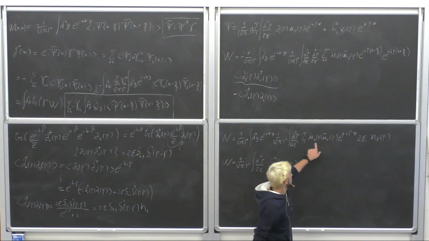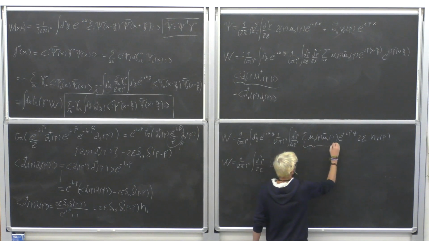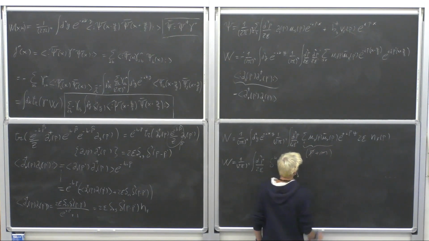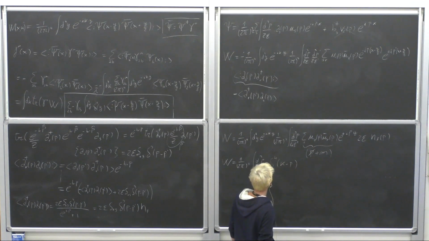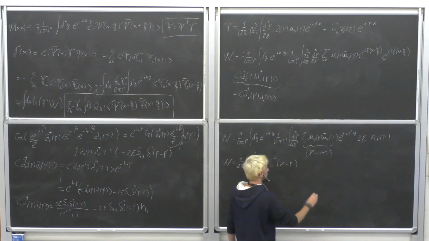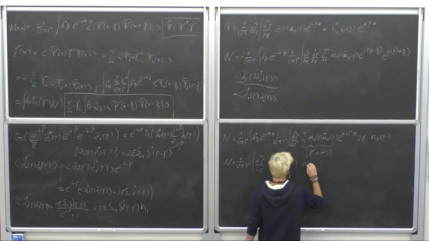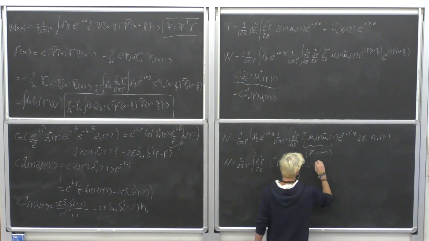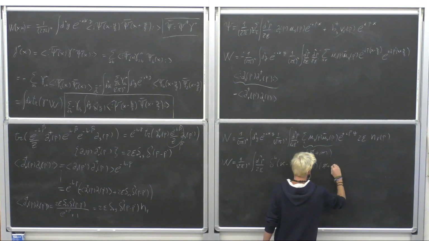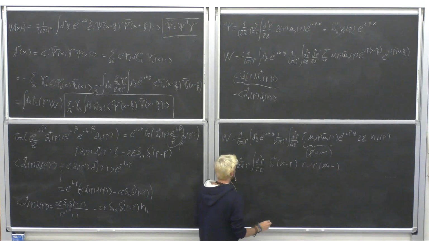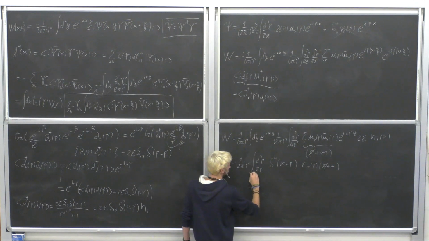And this is just p slash plus m. If I remember correctly, it should be that, yes. And then we have the Fermi-Dirac distribution.